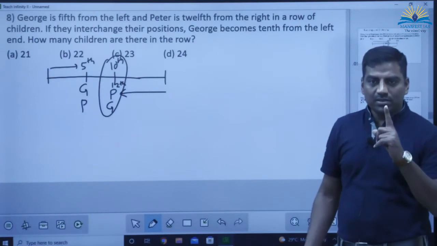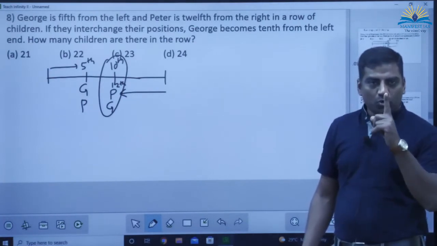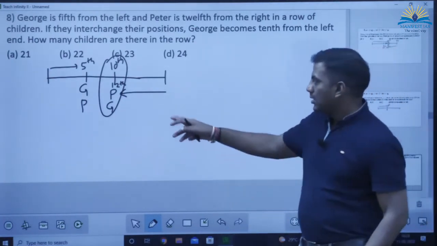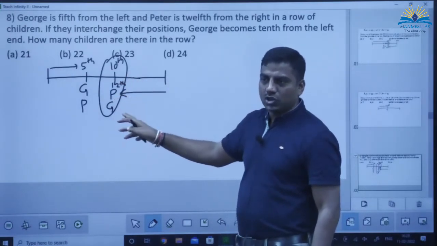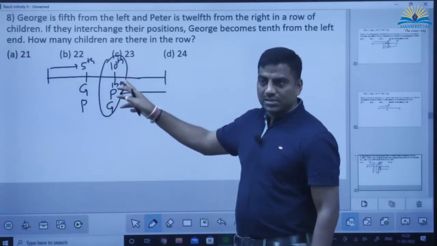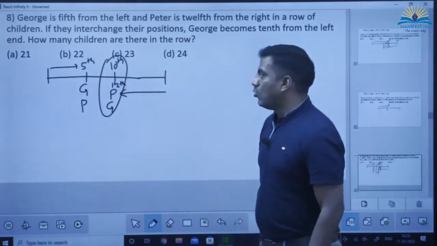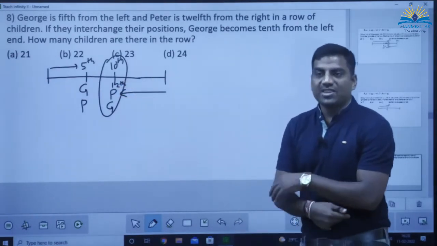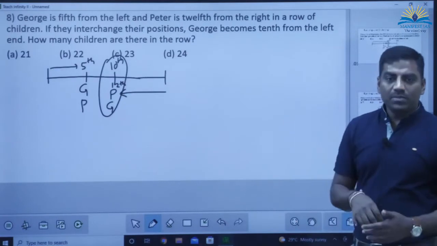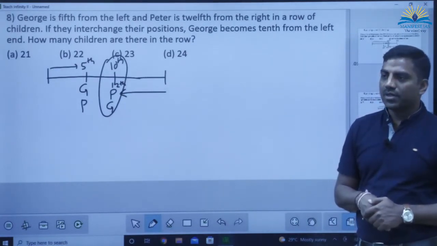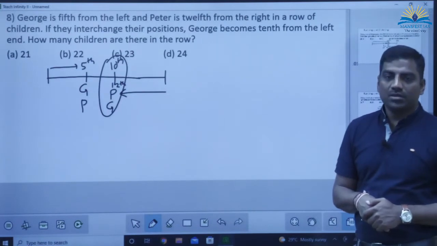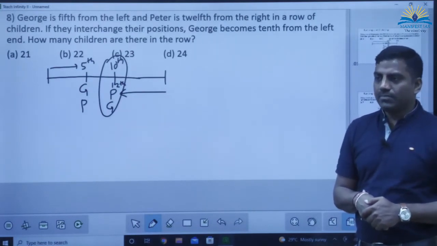It is only one. We are talking about only one position now. This is the earlier position of Peter, the present position of George. This is only one place. Now, calculate how many people are there. 10th from left and 12th from right. How many? 10 plus 12, double count, that is why minus 1.